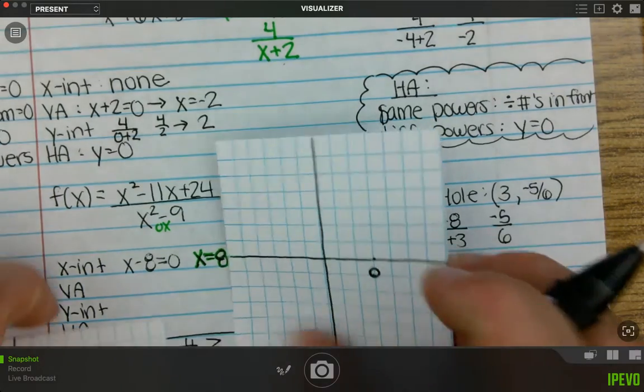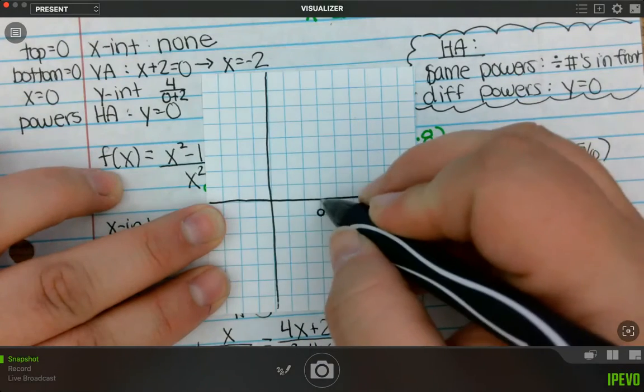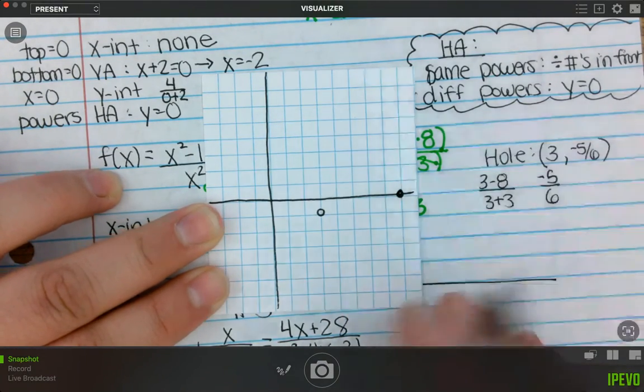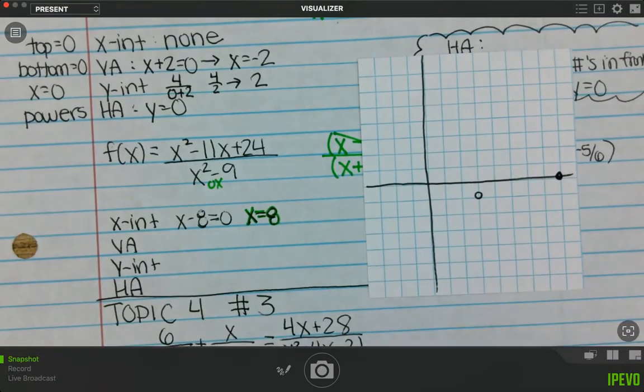Okay, so I just put that same point on here, but now I can go 3, 4, 5, 6, 7, 8. So now my x-intercept fits on there. Your graph won't have that problem.